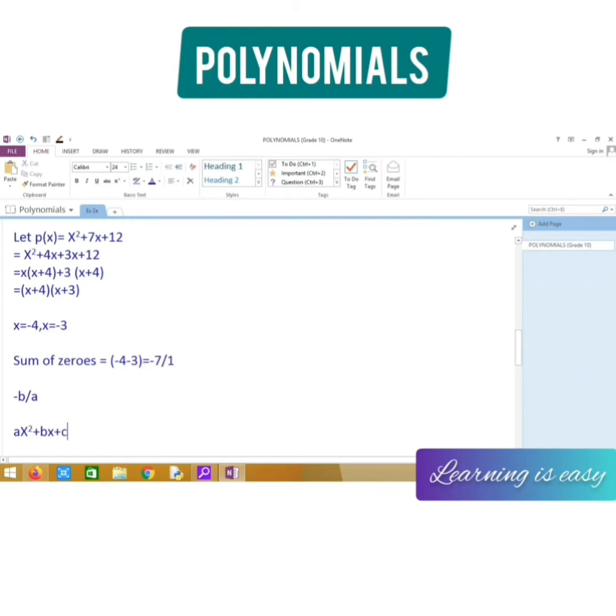So sum of zeros can be written as minus 7 by 1, where the value minus 7 is coefficient of x, and it's a minus of minus 7, so it becomes 7x. We can just verify that to the given polynomial. And also the value of a is the coefficient of x square. If you see, there are no coefficient for x square, so that's 1.